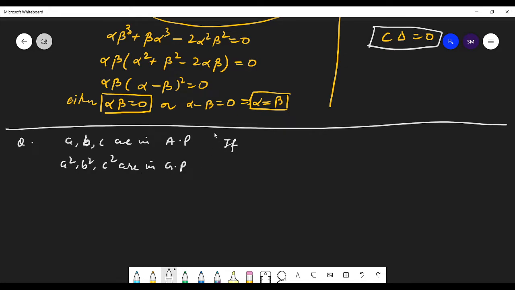If A is lesser than B, lesser than C, and A plus B plus C is equal to 3 by 2, then find the value of A. What is your A then? This is what you have to find.